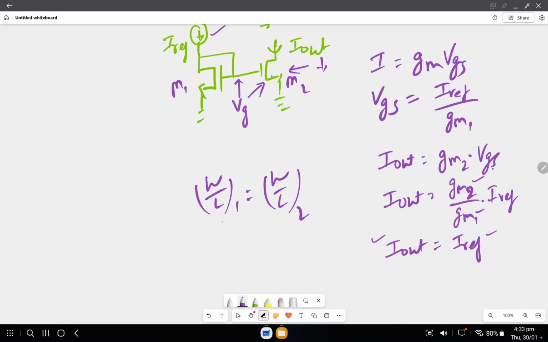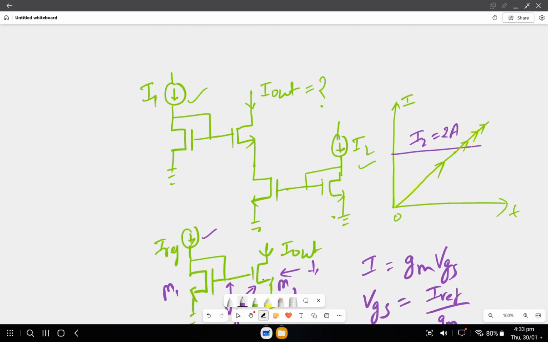So now here in this circuit, when I1 is 0, we can say VGS is 0 for this, so this is off. This is off means this node will be at 0 as well.